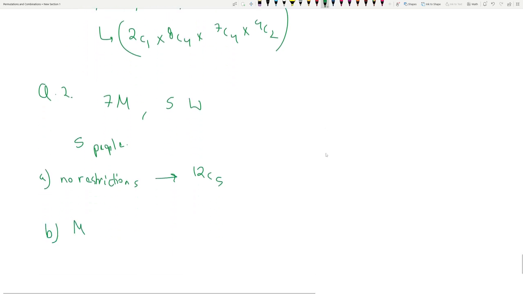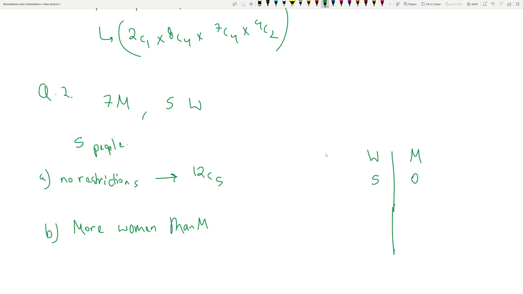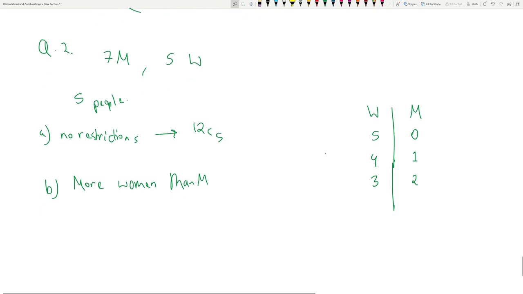Now, 5 people, but more women than men. So in these cases, you need to make a table like this. Women, men. There have to be more women than men. So 5 people, right? We can have 5 women, 0 men. 4 women, 1 man. 3 women, 2 men. These are all the possible combinations.